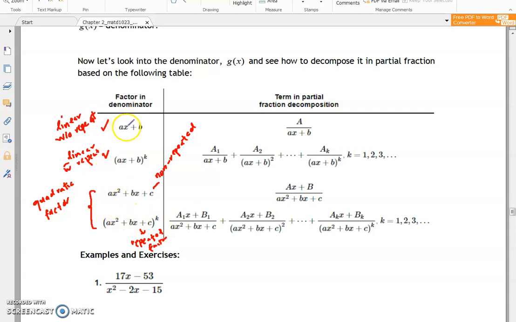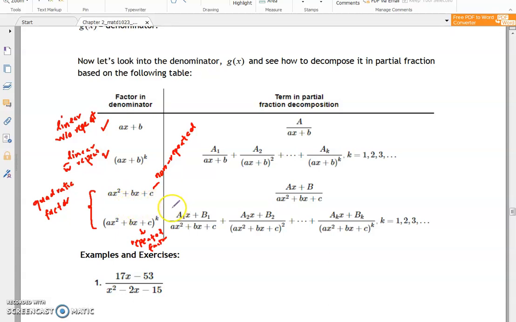Okay, if we want to see the difference between linear and quadratic factor, we can see that this is a linear factor whereby the power of your x at most is 1. And here the highest power of your variable x is 2. So you can see that we are going to deal with a quadratic function.